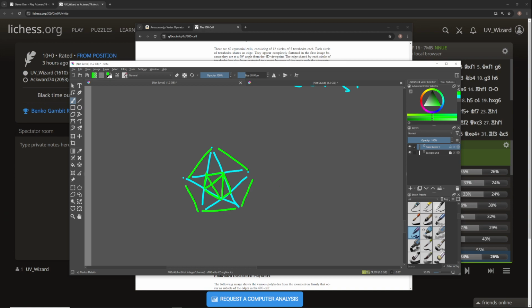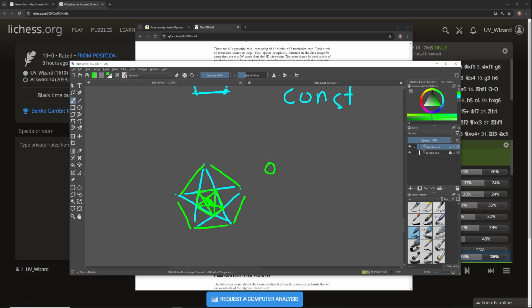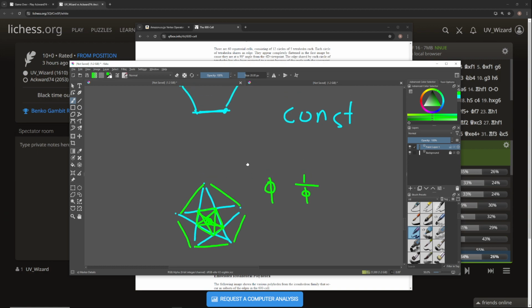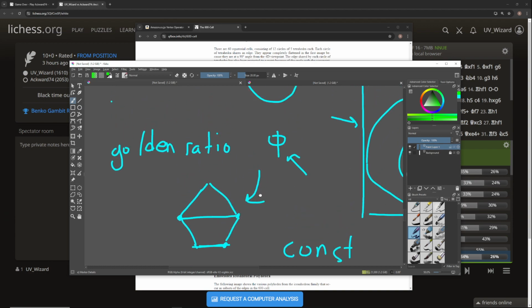Obviously, if I learn how to draw, which I don't know how, there's allegedly another pentagon in here. So that's not exactly tiling, but it's sort of reminiscent. And so is there some connection to phi and this 1 over phi here? There's got to be some connection there. I don't know. Okay.